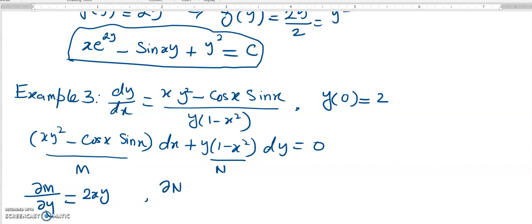So partial N over partial x, what is that? We are differentiating with respect to x, so y is a constant, so y times minus 2x is equal to minus 2xy.